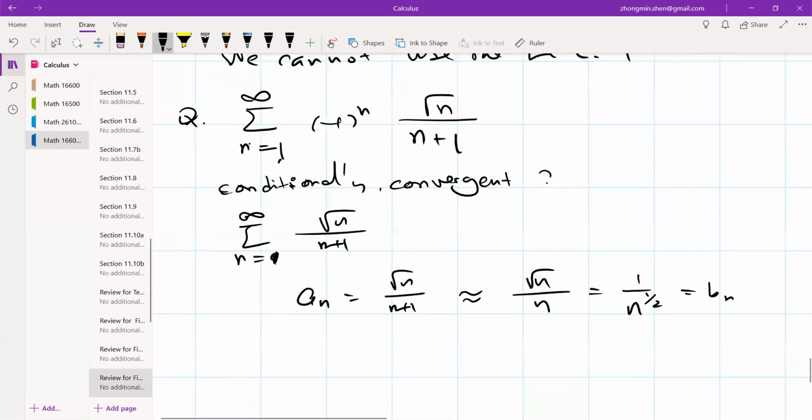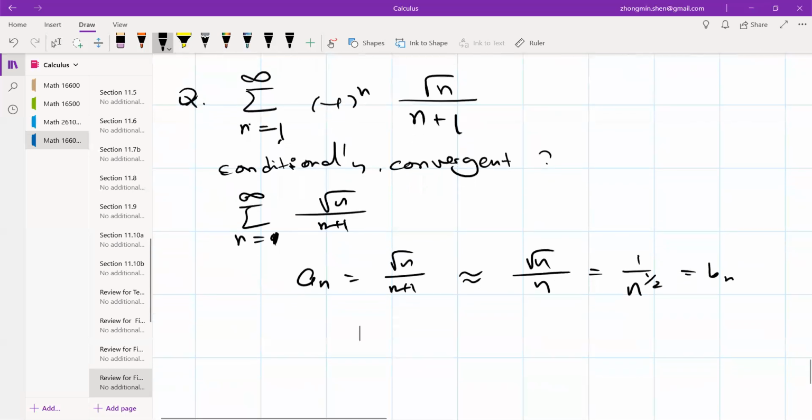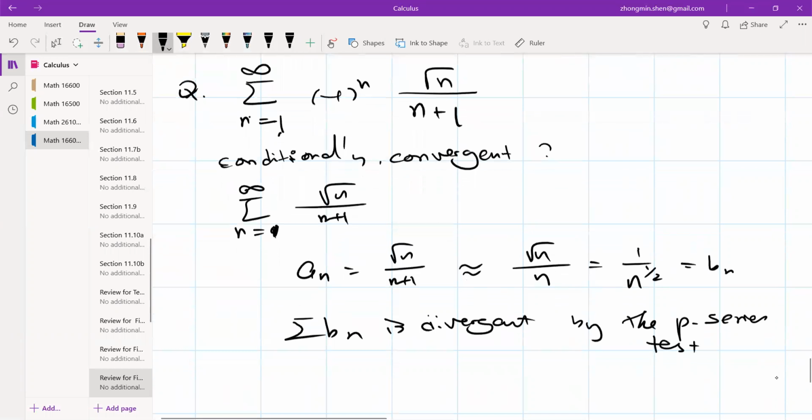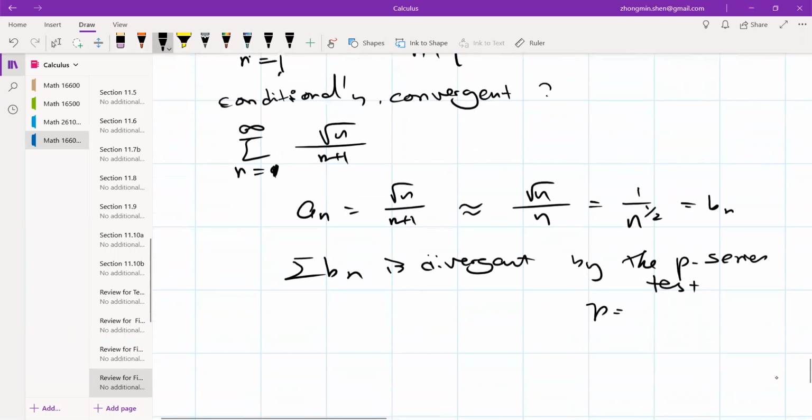You look at these two, and they're almost the same. Since bn is divergent, why is it divergent? By the p-series test. We already used the integral test to verify this. p is 1/2, which is less than 1. This implies the series is divergent.